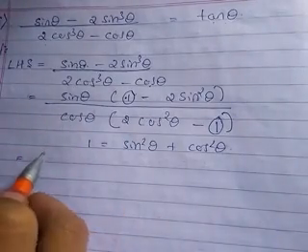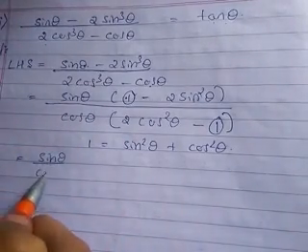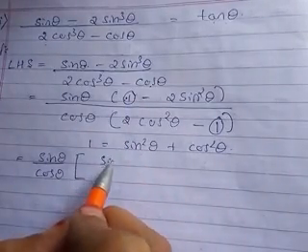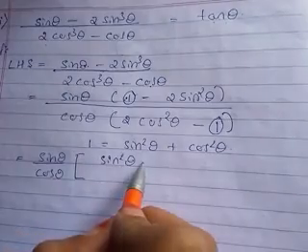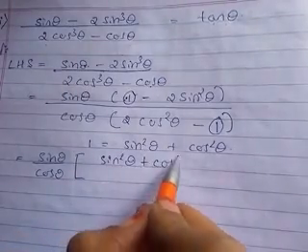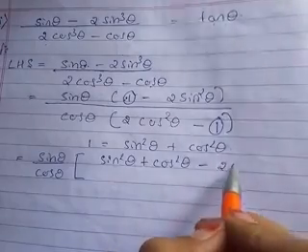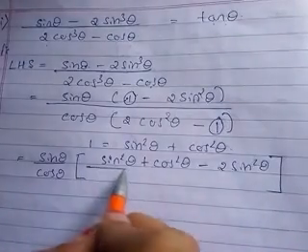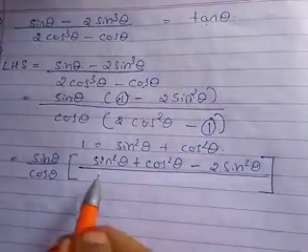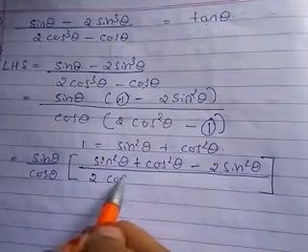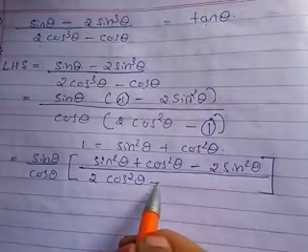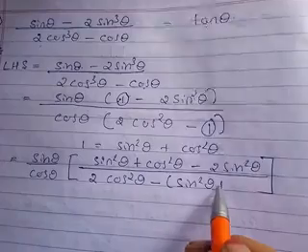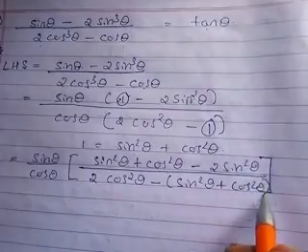Sin theta by cos theta common. 1 is sin square theta plus cos square theta minus 2 sin square theta, divided by 2 cos square theta minus (sin square theta plus cos square theta is 1).